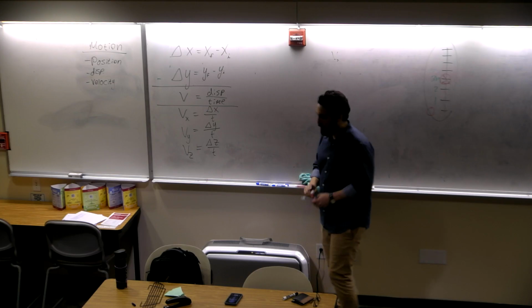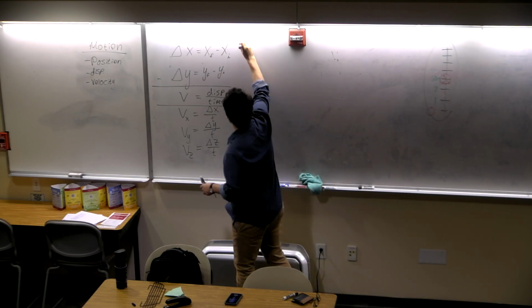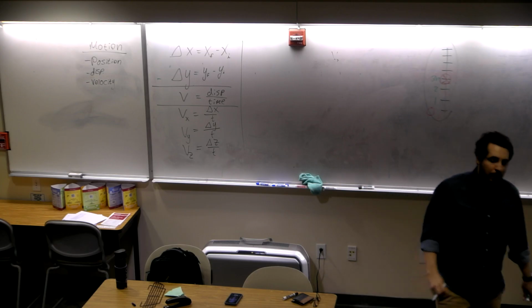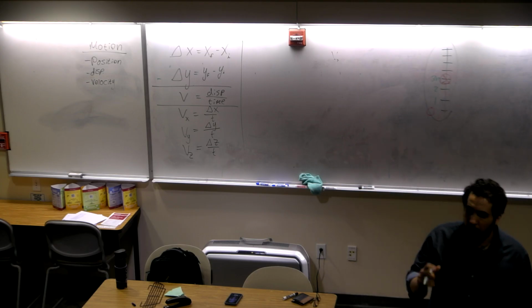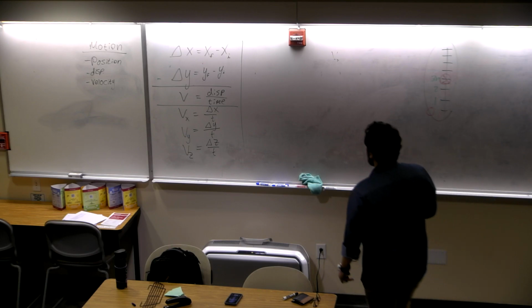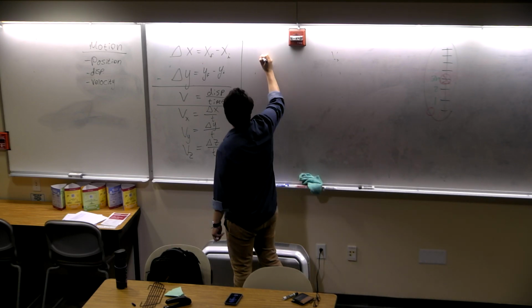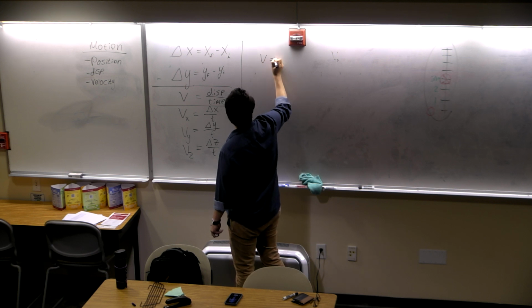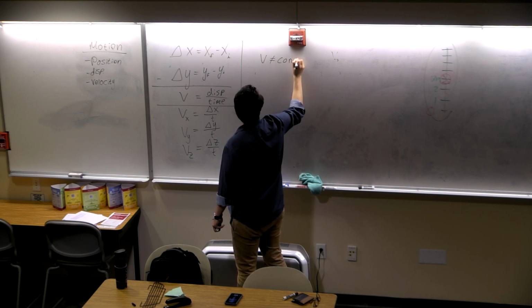Specifically, we are going to look at what occurs when an object has non-constant velocity. So we are going to look at an object that has a changing velocity, meaning your velocity is non-constant.